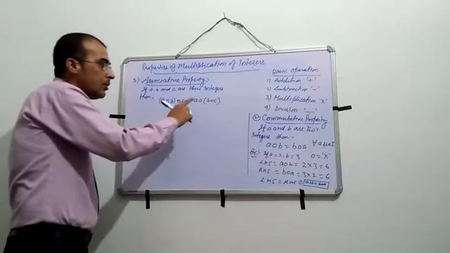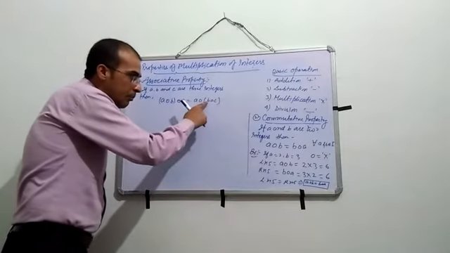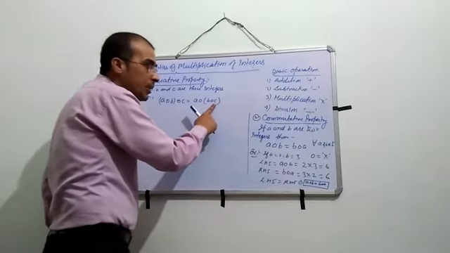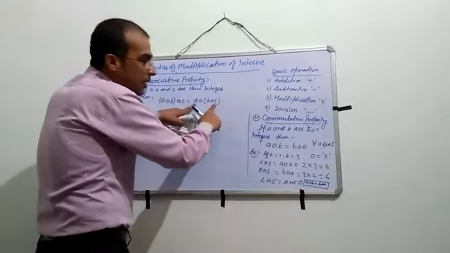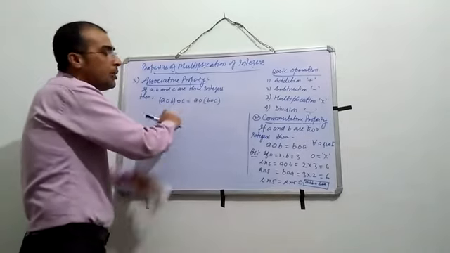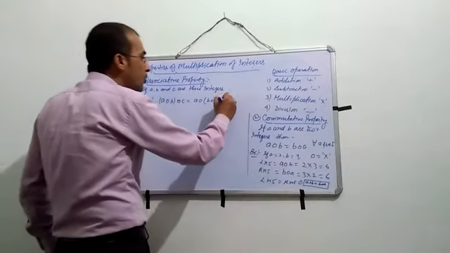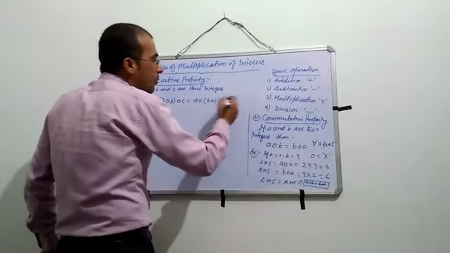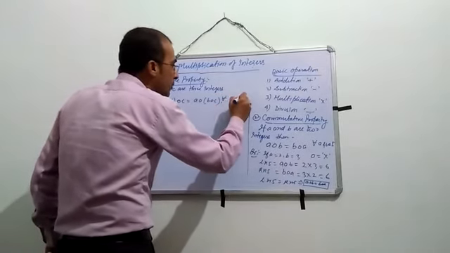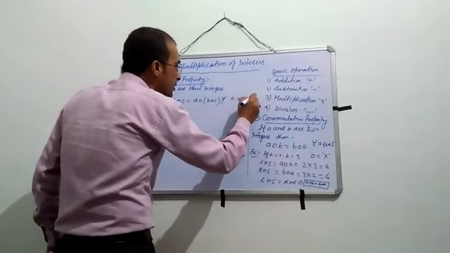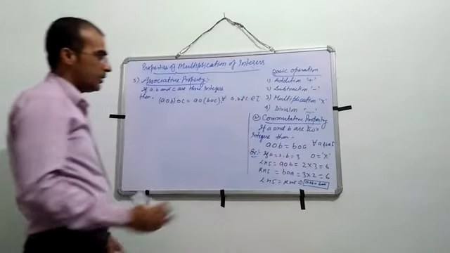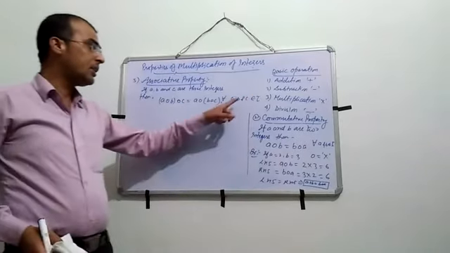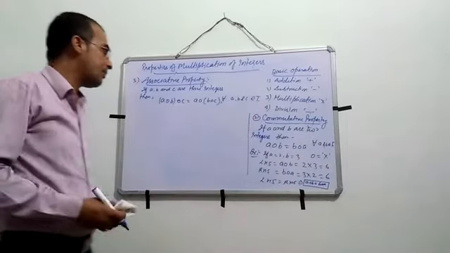It means in the RHS you multiply b with c and then multiply with a. Then both results should be equal for all values of a, b and c belonging to the integers.